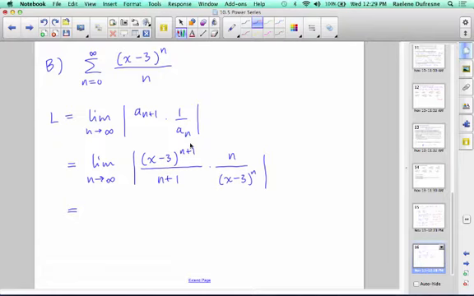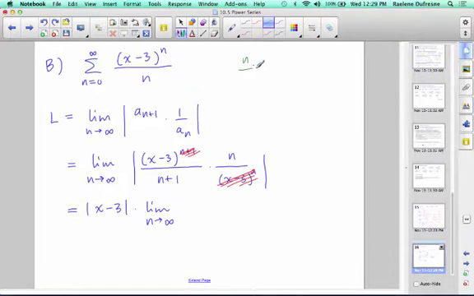And from here we can simplify. The (x minus 3)^(n+1) expands as (x minus 3)^n times (x minus 3), and so we are left with x minus 3 in the numerator, and we have n over n plus 1. Again, the absolute value of x minus 3 is a constant as far as the limit is concerned, and so we can pull that factor in front of the limit, and then we can take the limit as n approaches infinity of the absolute value of n over n plus 1.